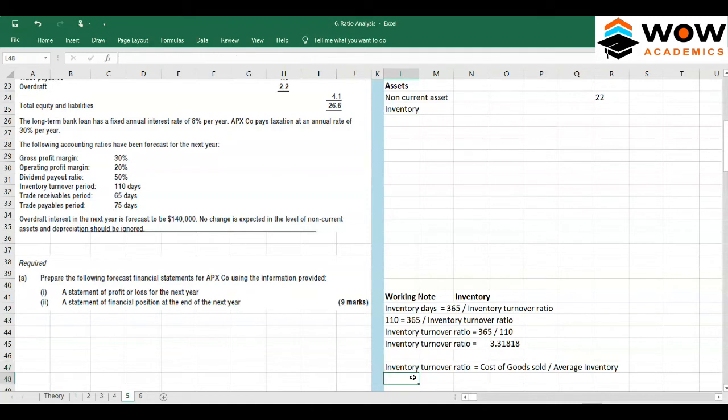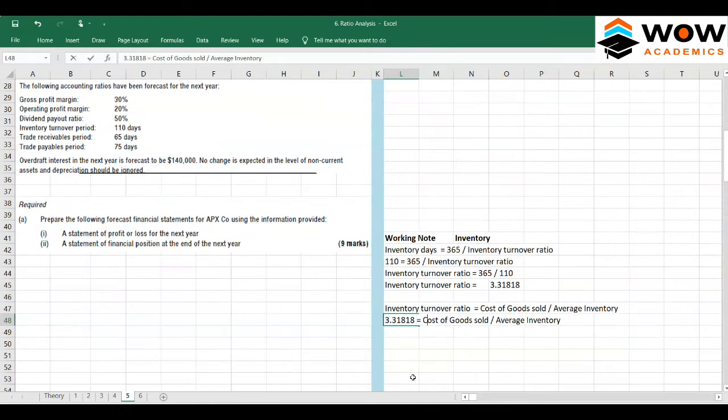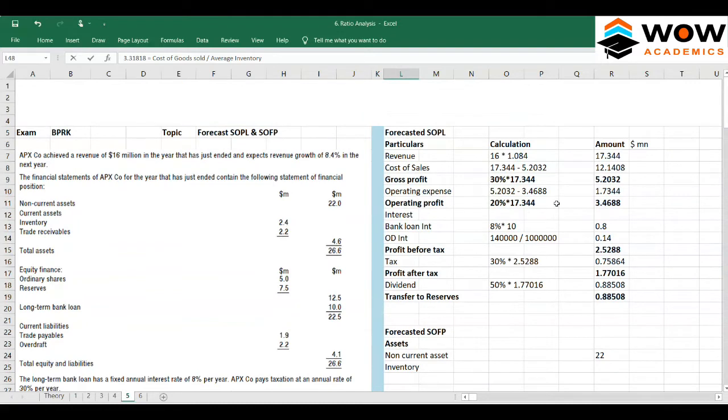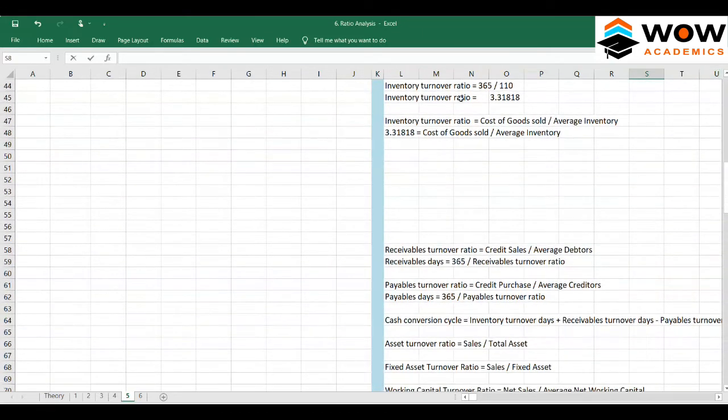It is 3.31818. And cost of goods sold, we have already found it out. Cost of goods sold is here, 12.1408. We can get that number.